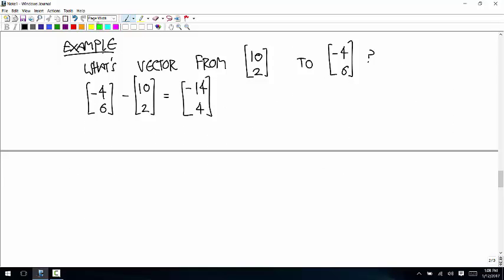And so to visualize that, we want to go from 10, 2, which is, let's say, here, to the point negative 4, positive 6, which is here.